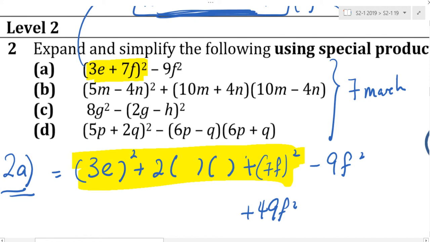I have two brackets. I can also put in 3E and 7F. And what is the minus 9F squared doing behind? Oh, it is a 9F squared like that, right? So from here, I want to do the expand. Expand means (3E) squared. When I expand, what do I get?